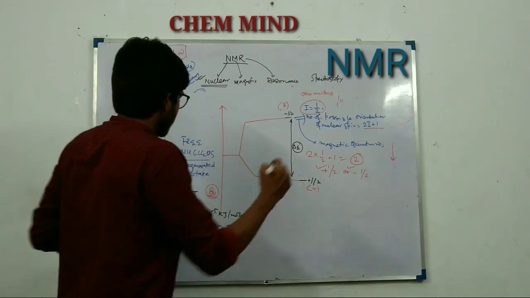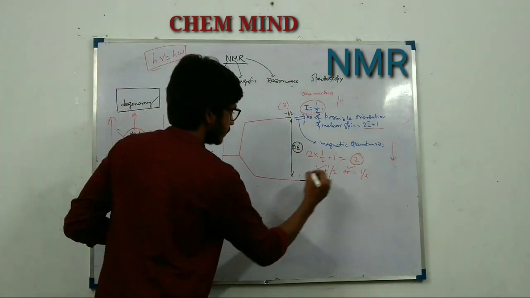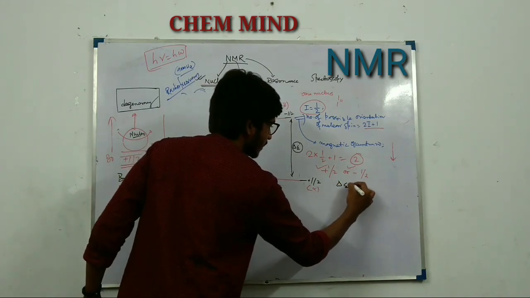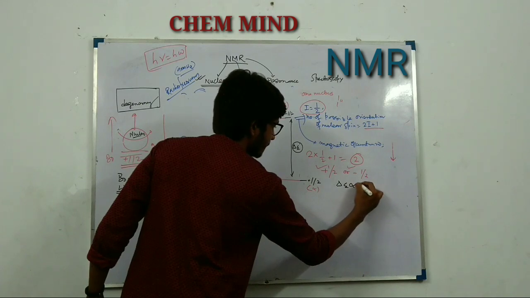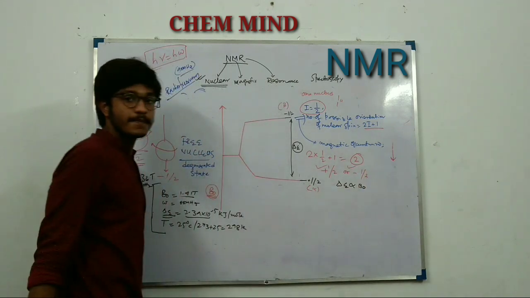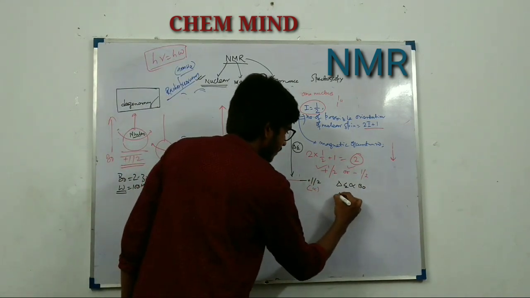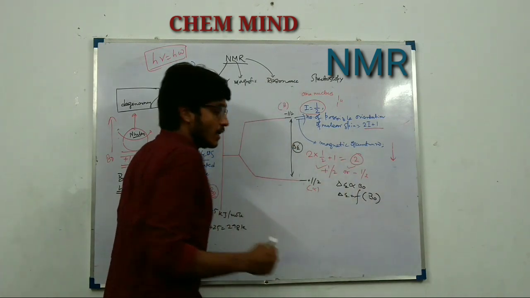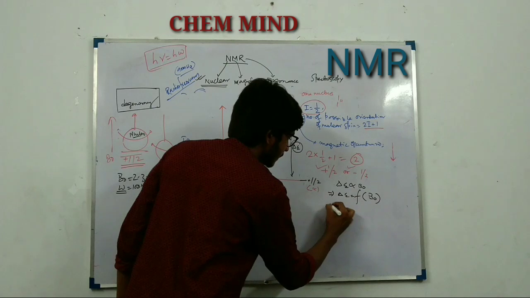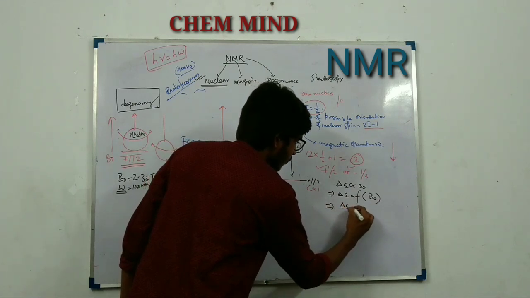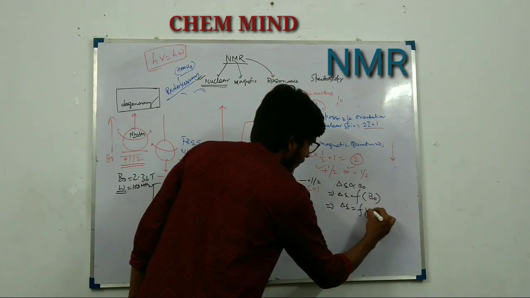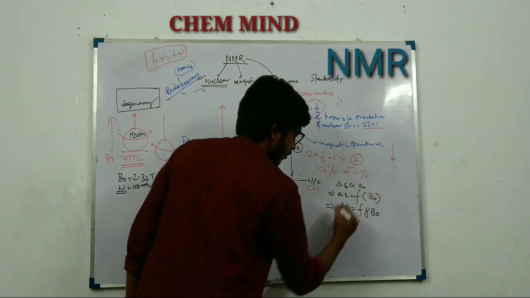Now we can assume that del E is directly proportional to B naught. So del E is a function of B naught, more precisely a function of gamma into B naught.